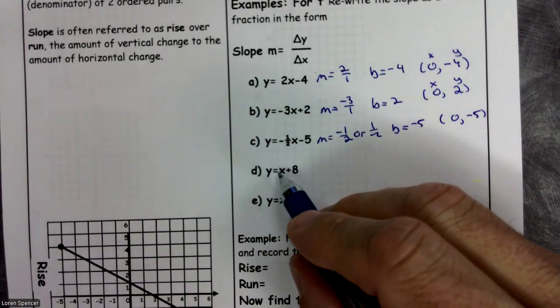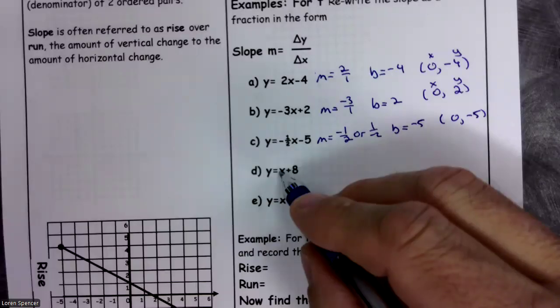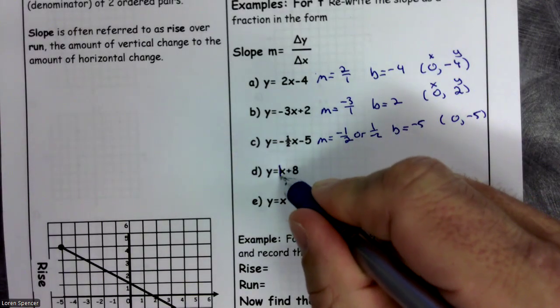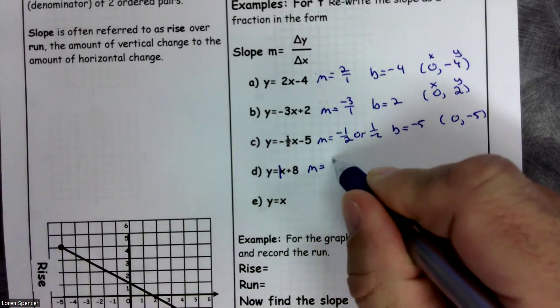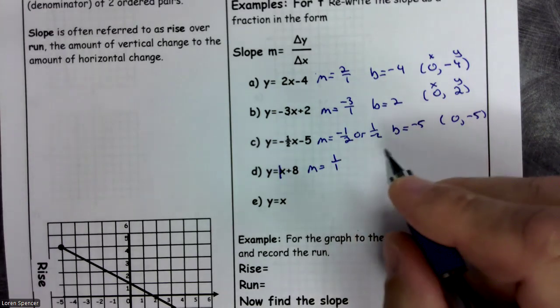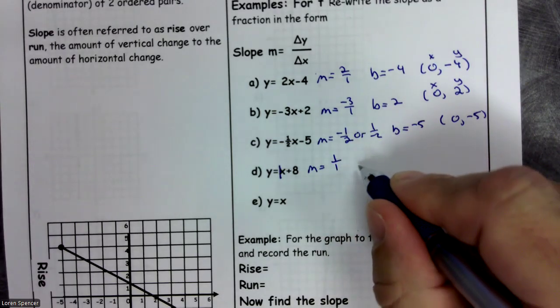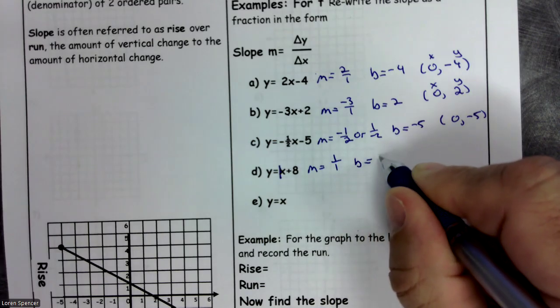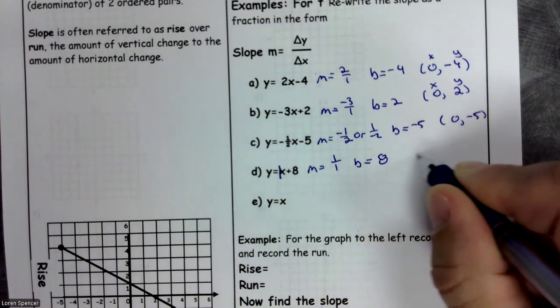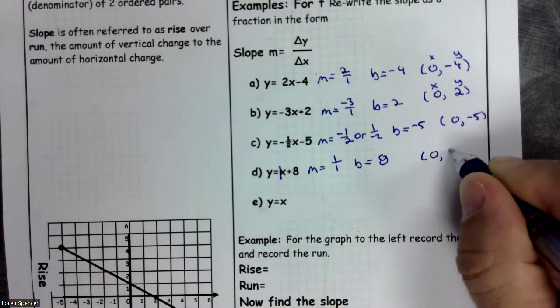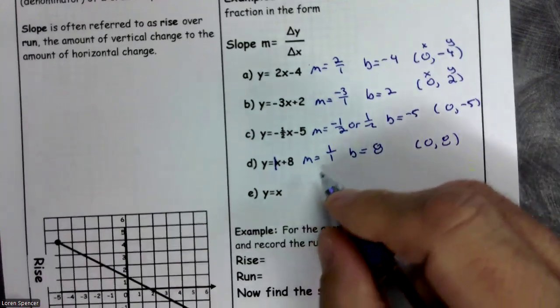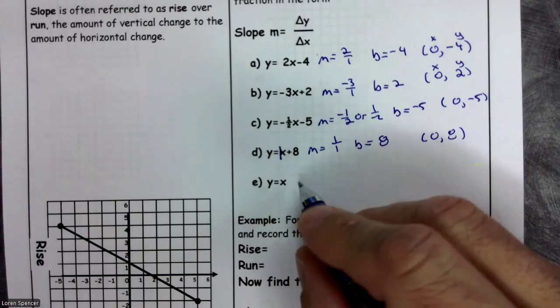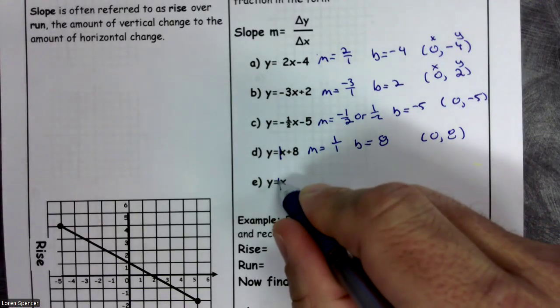This one's a little bit interesting. We're missing a number in front. The number we're missing in front is 1. So m equals 1 over 1. And in this case, b equals 8. So our ordered pair is 0, 8. And the last one, we say, well, there's that missing 1 again.